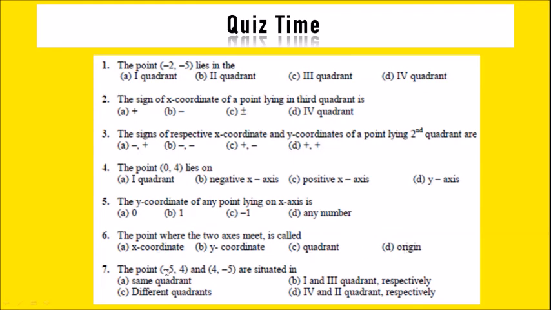The point minus 5 comma 4 and 4 comma minus 5 are situated in this point, that is negative positive, will be situated in the second quadrant, and this point will be situated in the fourth quadrant. Since we do not have the second and the fourth quadrant respectively any of the options, so we will say different quadrants because these positions have been swapped.